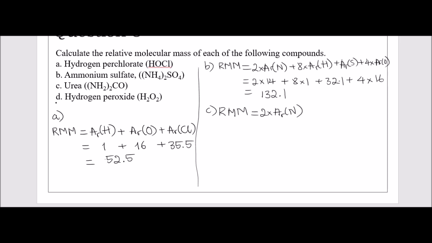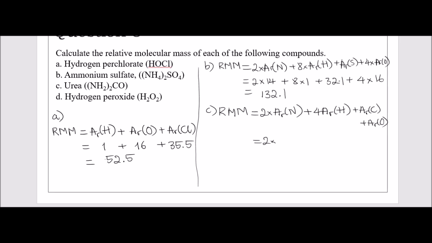Now for the third one, I'm going to do the same thing that I did for part B, which is double this. So I need 2 nitrogen and 4 hydrogen and 1 carbon and 1 oxygen.